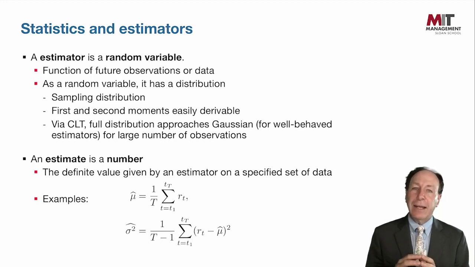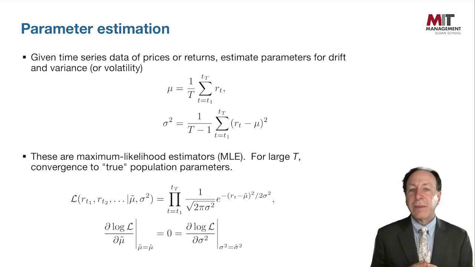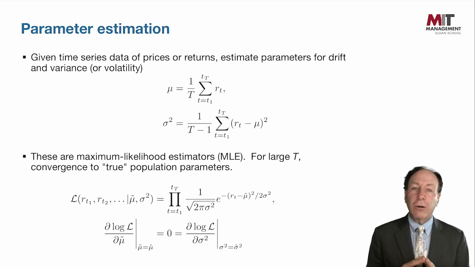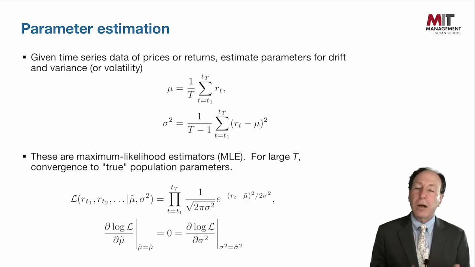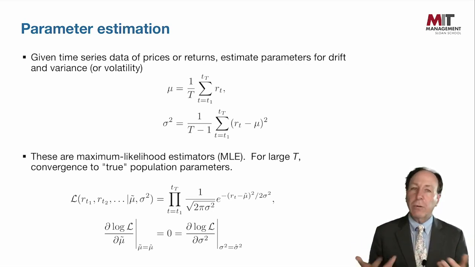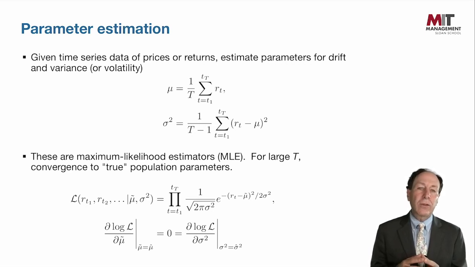An estimate is a number that we get from the same formulas by applying it to a particular set of realizations. We use these to estimate parameters. So for example, in the generalized random walk model that we wrote down, we had 2 parameters, mu and sigma. When we did Monte Carlo simulation, we picked values of mu and sigma and generated a bunch of concrete numbers on the computer.